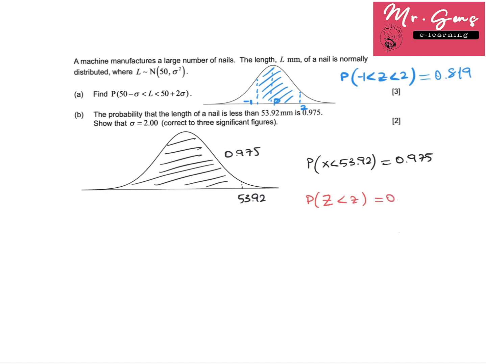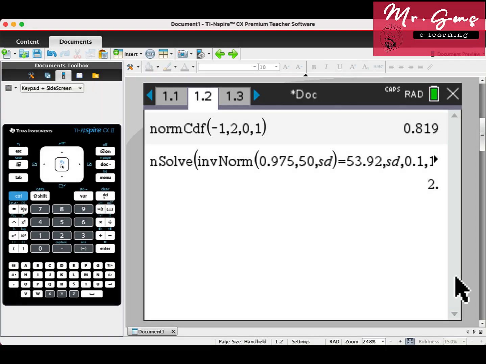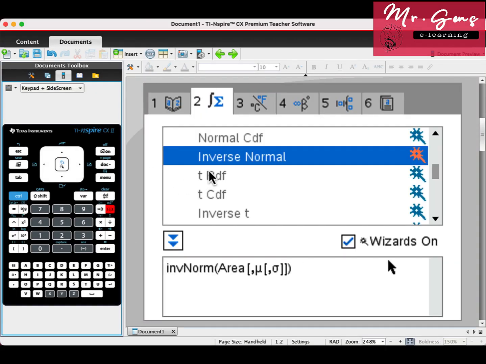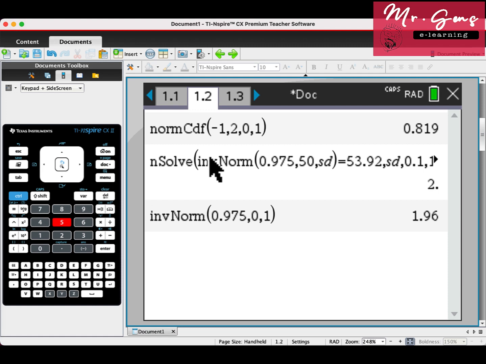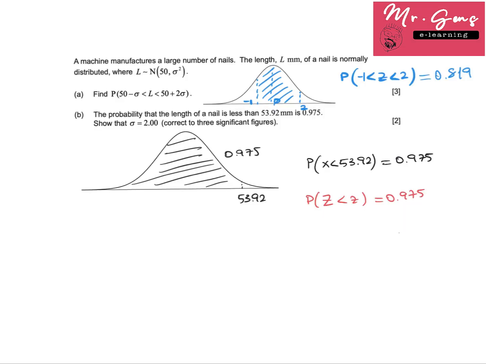So let's consider standardized normal distribution. First step is we need to find the z-score. Then apply the z-score formula. We know z-score, we know x, we know mean.